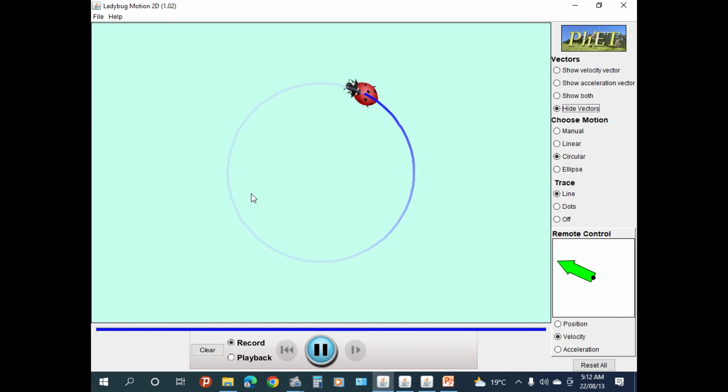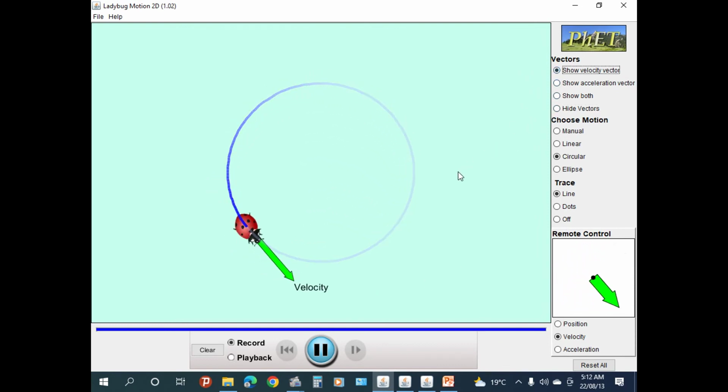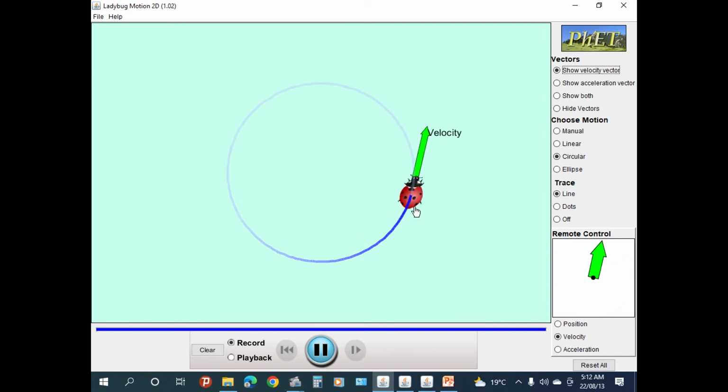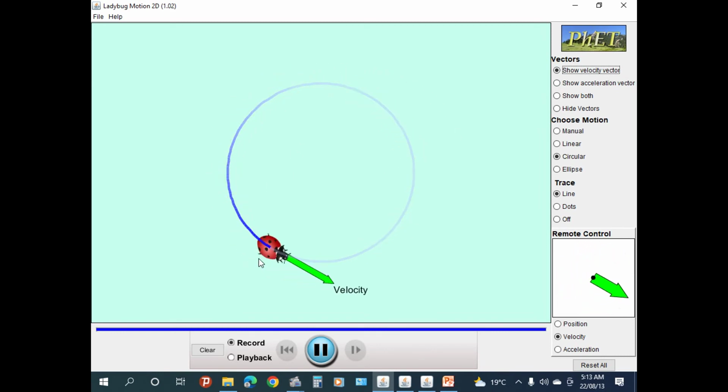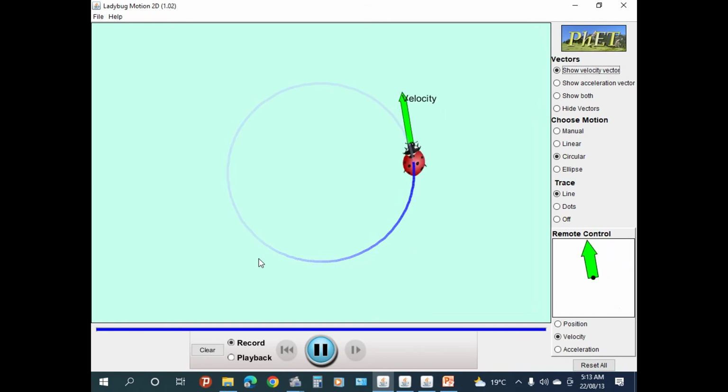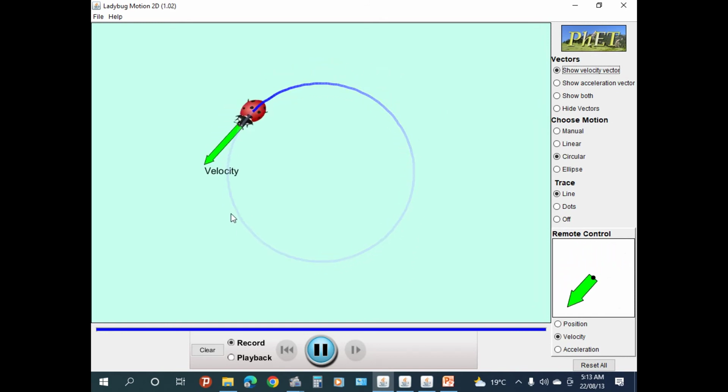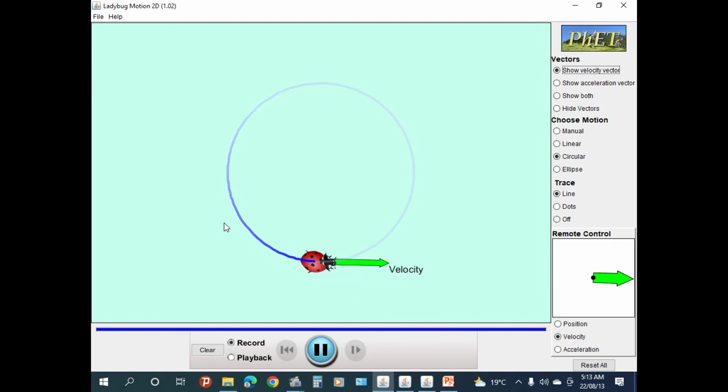This is rotational motion, where the moving object is revolving along a circle or curved path. Here is the velocity direction, and here the indicator shows the magnitude of the tangential velocity and its direction.